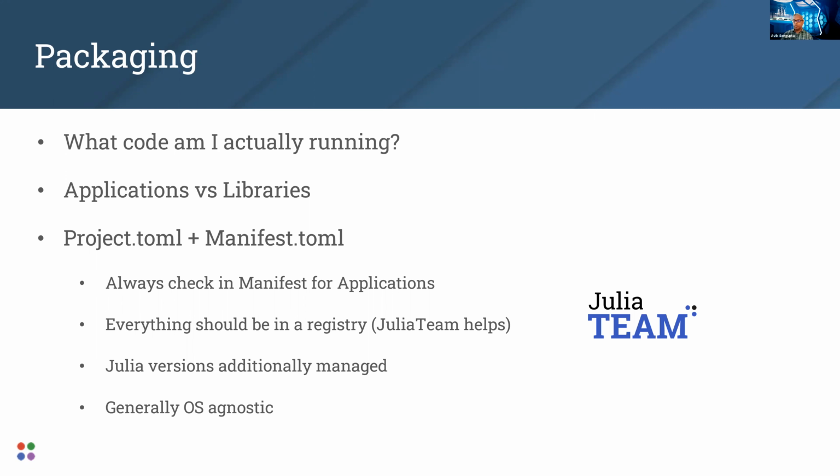So whichever way you want to run your production app, whatever production means to you, I think one of the first questions that you need to answer is, what code am I actually running, right? What is the code that I'm pushing to production? And that is a surprisingly difficult question to answer in some situations.